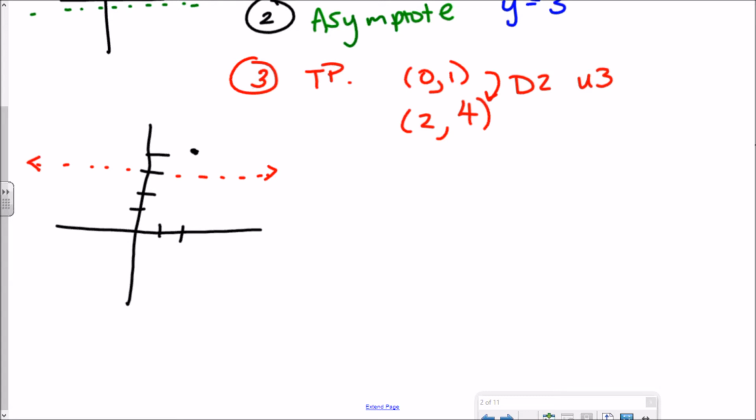And then it's growth. So my function should go away from the asymptote on the right-hand side and towards the asymptote on the left-hand side. That should be more curved. It should be going towards the asymptote. It should never touch the asymptote, but should be going towards it.